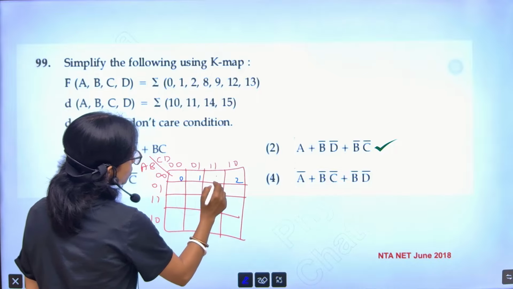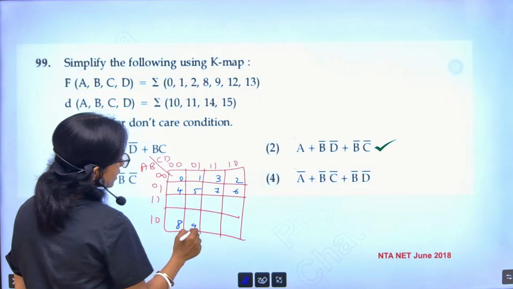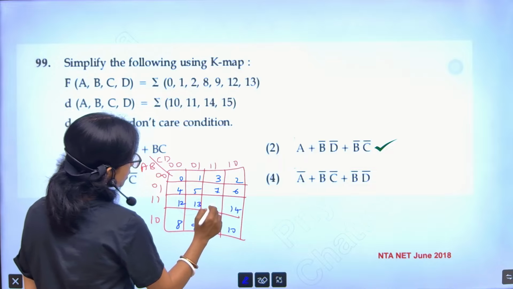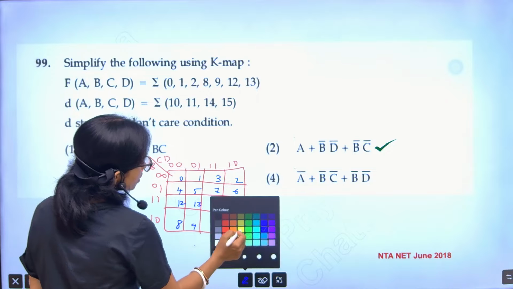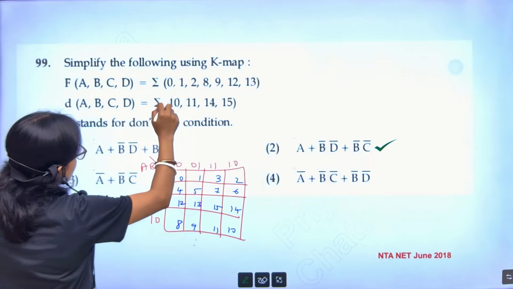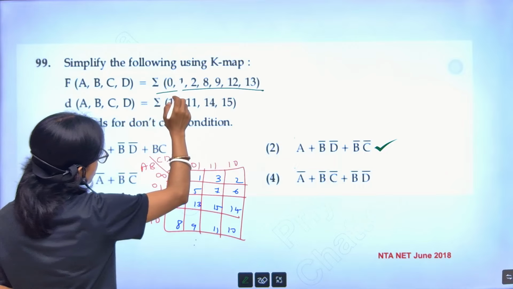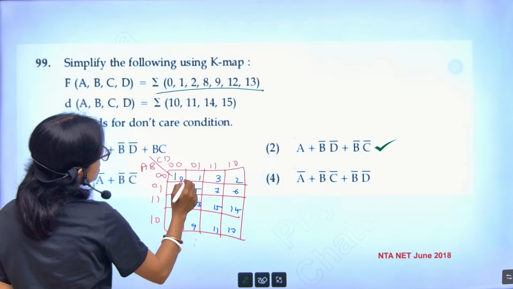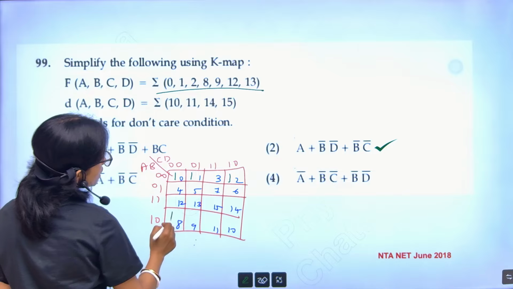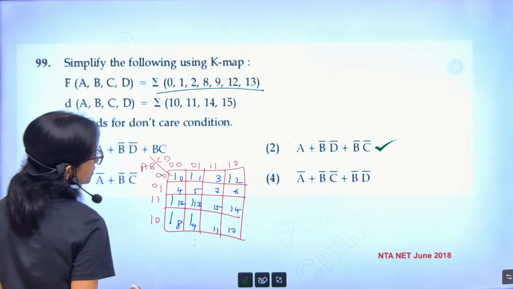0, 1, 2, 3, 4, 5, 6, 7, 8, 9, 10, 11, 12, 13 and 15. Now here the values are, you can see it is summation, that means 1s. The summation is 0, 1, 2, 8, 9, 12 and 13.